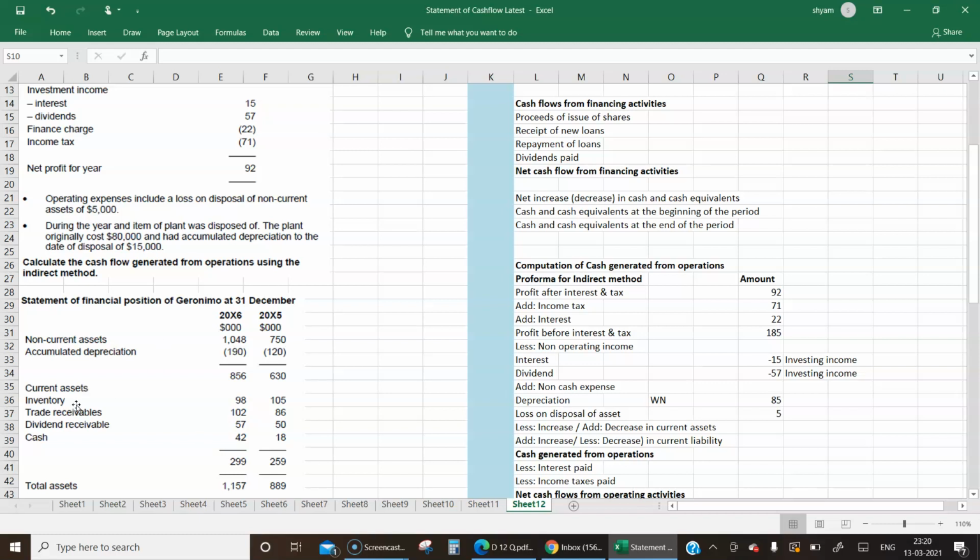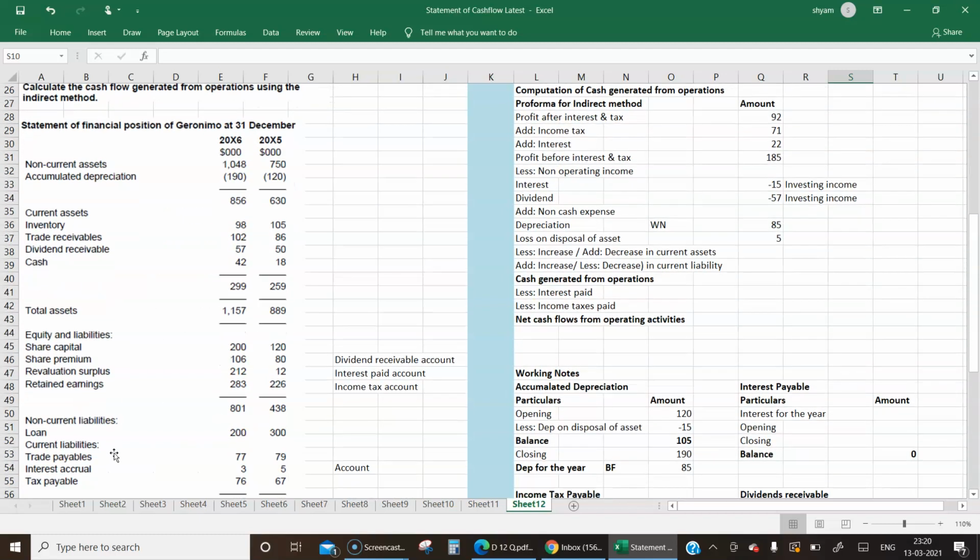We now move to inventory. We don't have many numbers here. The numbers that we have are inventory, 98 and 105. Trade receivables will use a separate account, and dividend receivable we will have a separate account.